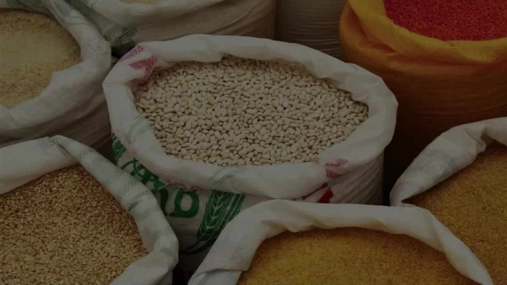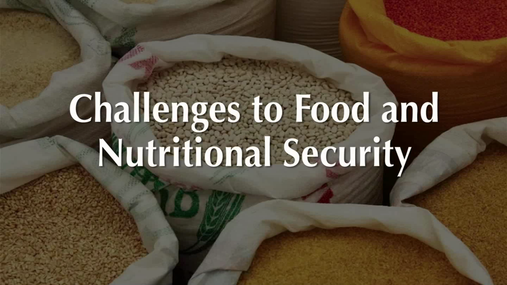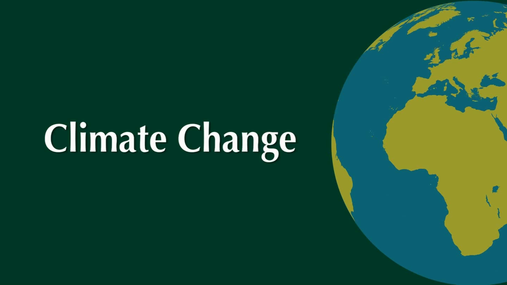Now, after discussing the nature of food insecurity, we will discuss the challenges to food and nutritional security. So here we will discuss what are the basic challenges which create problems to ensure food and nutritional security. The first most important challenge is climate change.